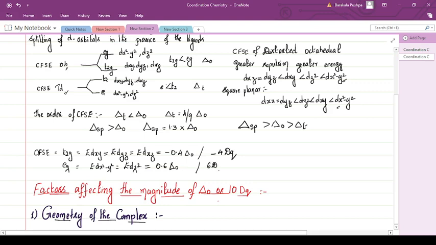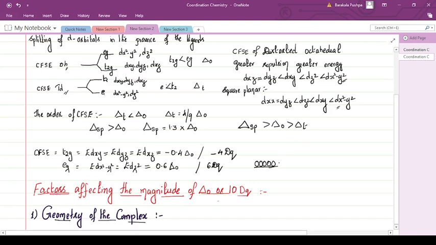Now we are going to see different factors that affect the magnitude of splitting. We know that in an isolated gaseous state, the 5 d orbitals are degenerate. They are of equal energy.